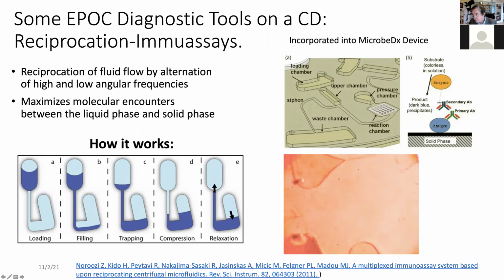And if there's a reaction involving the primary antibody and the secondary antibody, this enzyme that's linked onto the secondary antibody changes a substrate that's colorless and is in solution towards a product that's dark blue and precipitates. So when the test is done, you would see this darkness, and the darkness would mean, yes, the reaction has happened, and you would pick that up by an absorption measurement in this case.